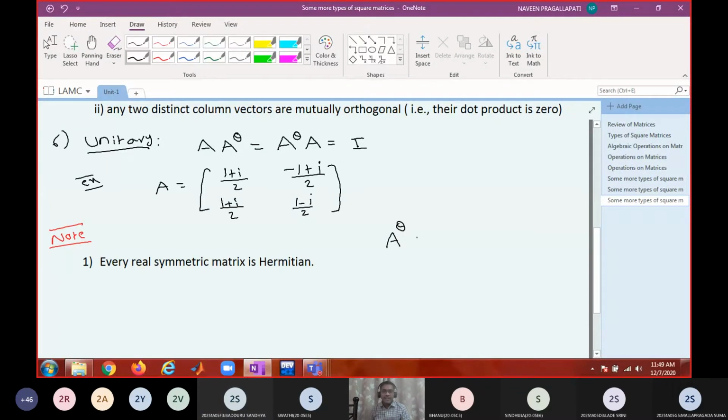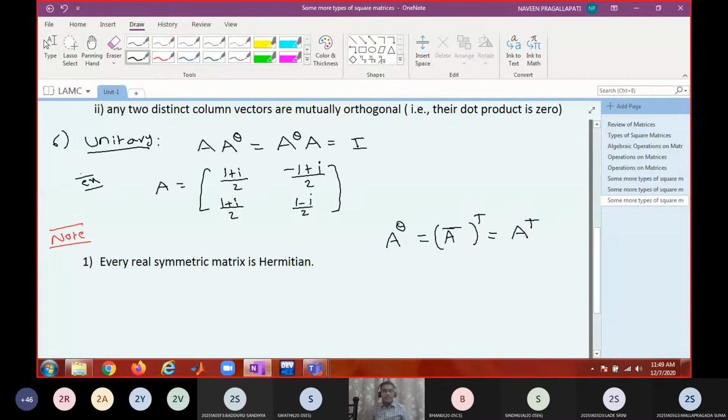What is A power theta? A bar transpose. Am I right? But what kind of matrix am I telling? A is a real matrix. For a real matrix, what will be A bar? A only, because the conjugate of a real number is itself. So A power theta is A transpose.